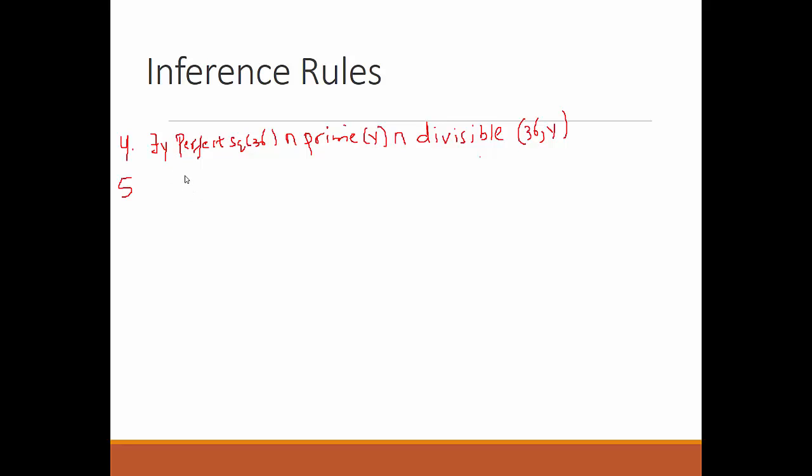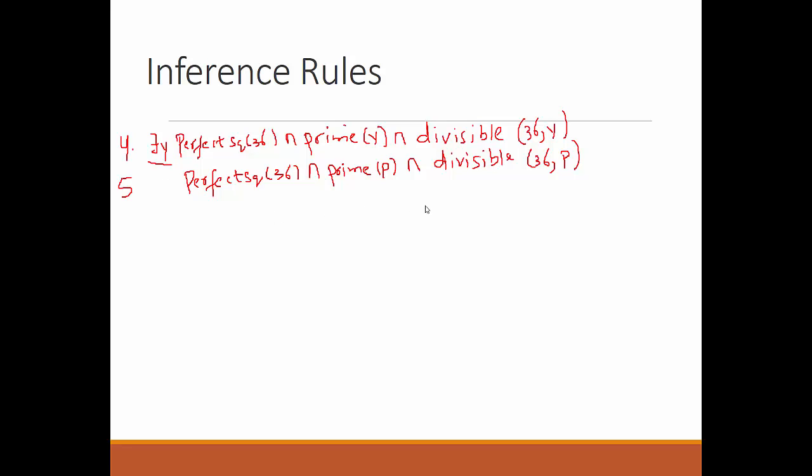So this statement becomes perfect square 36 and prime p and divisible 36 comma p. So we are having two constants, 36 and p, and by substituting p for y, we eliminated this existential quantifier. So that's why in this statement you are not able to see any kind of existential quantifier.